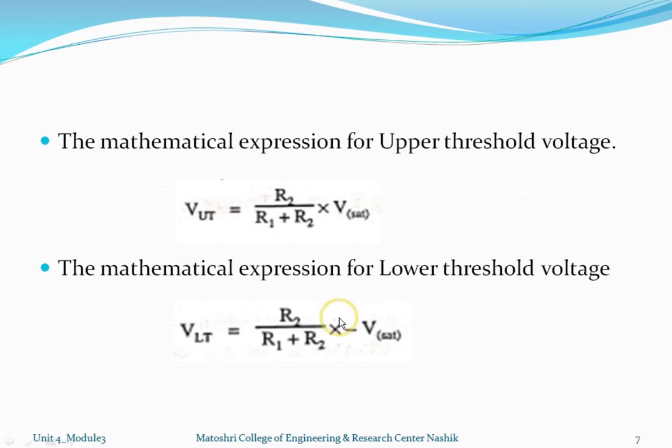If the output is negative Vsat, then the reference voltage for the Schmitt trigger is VLT. In this way, the reference voltage is selected, depending directly on the output voltage, whether it is in positive saturation or in negative saturation.